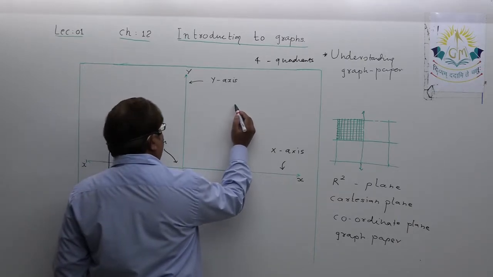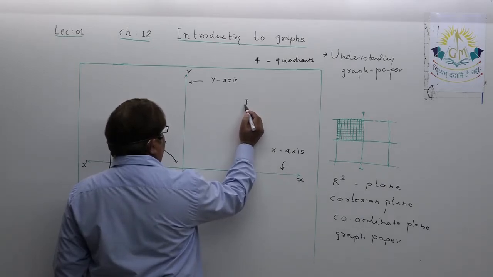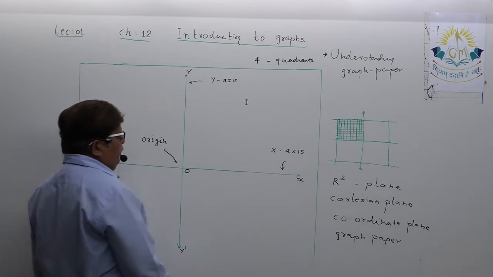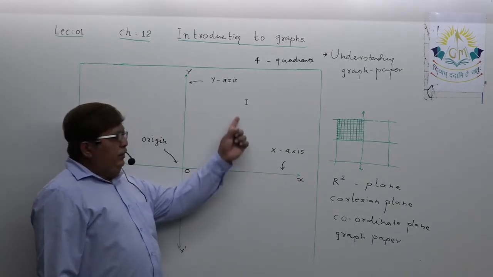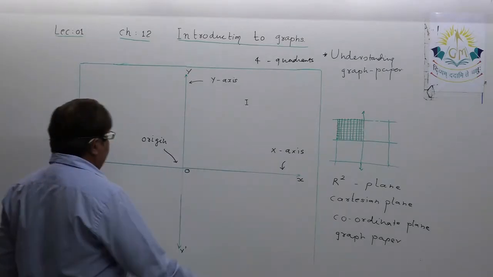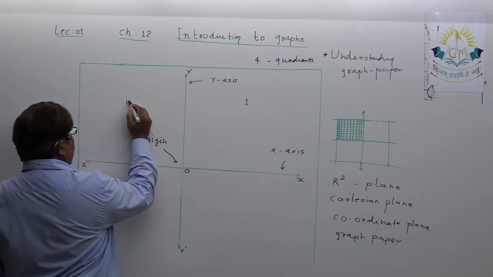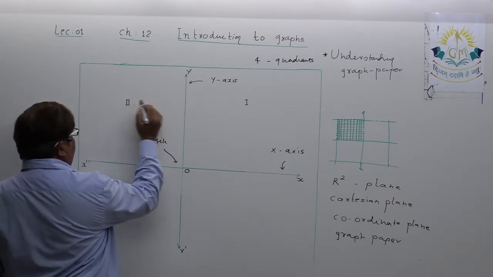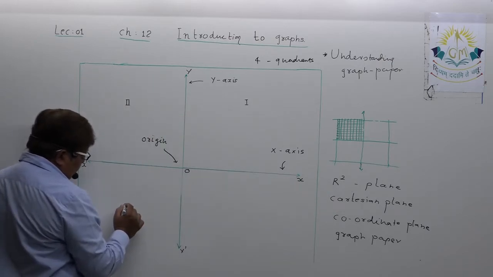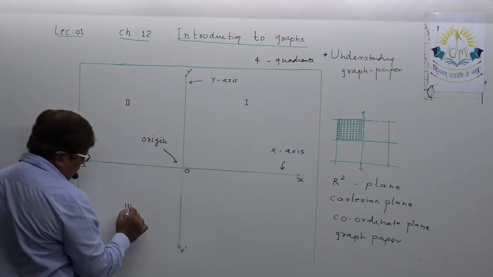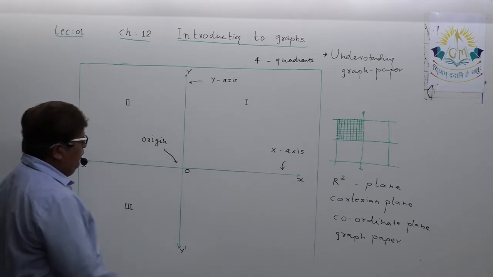This is called first quadrant. Okay, this is called first quadrant. Then, dear student, moving anti-clockwise, this is called second quadrant. Okay, moving anti-clockwise, this is called third quadrant.